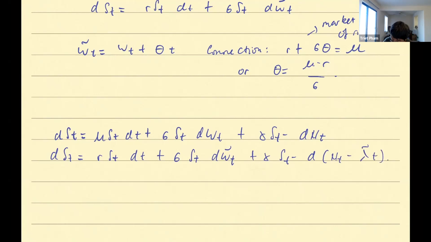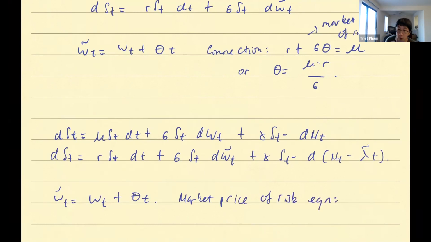So obviously W tilde is still W_t plus theta t, where theta is our unknown shift. What is the market price of risk equation?